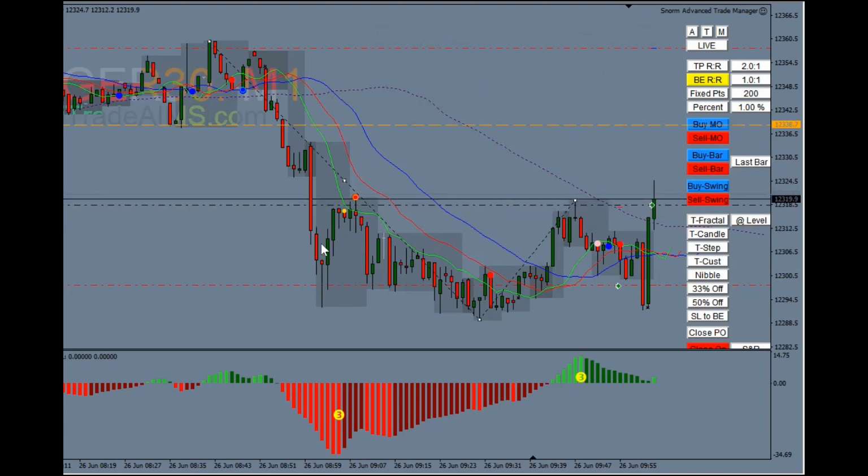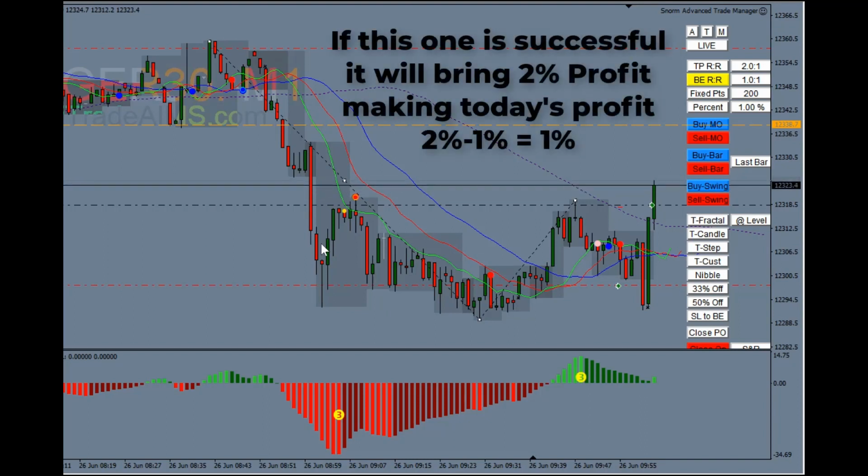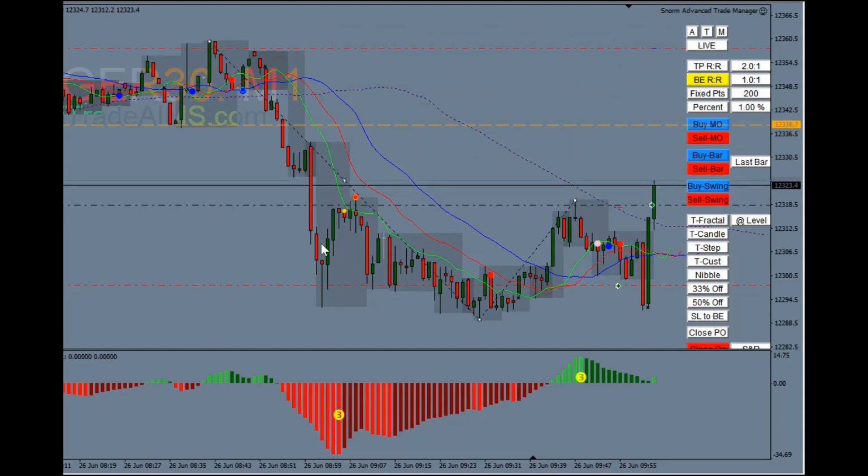The simple idea is that if it doesn't want to go down and it has momentum, then it wants to go up. I'll try it once. So that's 1R. This one should become 2R to cover the minus 1% loss and bring 2% profit. It's a simple strategy. I'm not going to pursue more than this. If I do that, then it's going to be gambling.